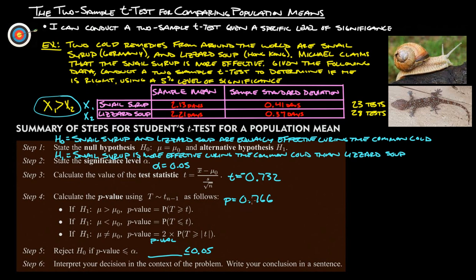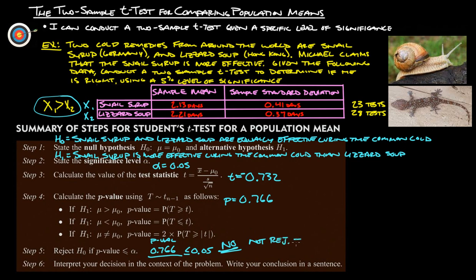Here's what we're going to do. Remember, we plug our p-value into this inequality and figure out what we got. Our p-value is 0.766. Is that less than 0.05? No, it's not. That is not true. It says if this is true, reject H0, so we're going to not reject.